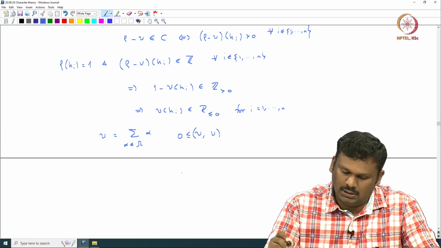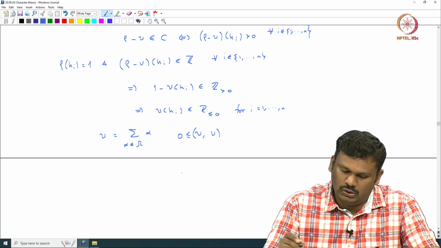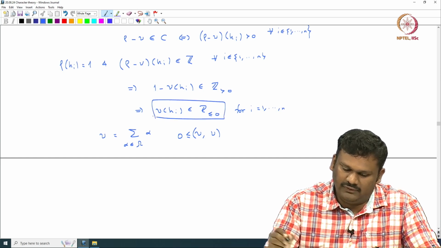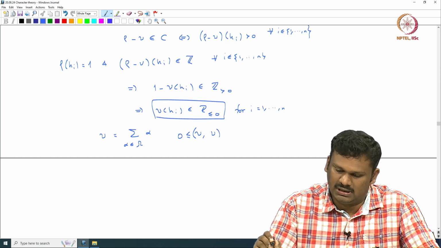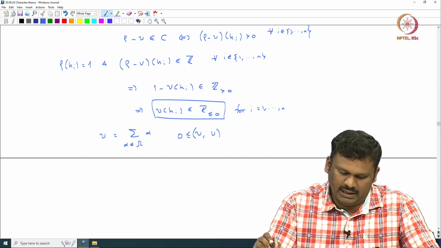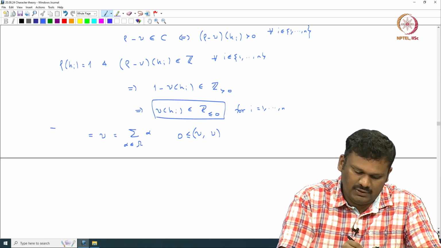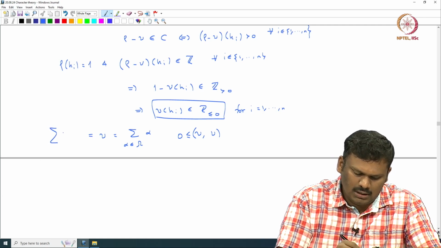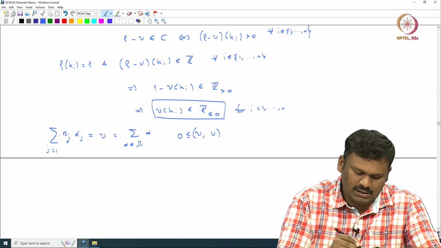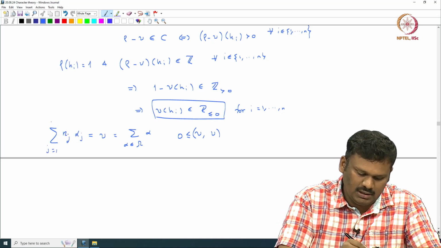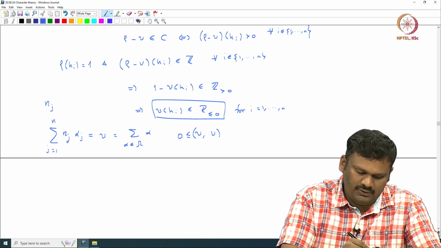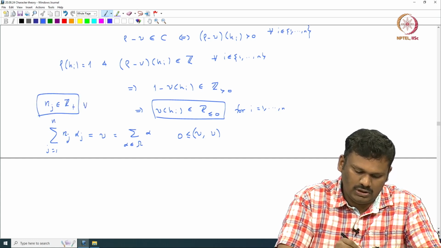Now, if you use this information, V of Hi is a non-positive integer, then by rewriting V in terms of the simple roots, you can see that it can be written as the sum of Nj alpha j, where Nj is a non-negative integer for all j.